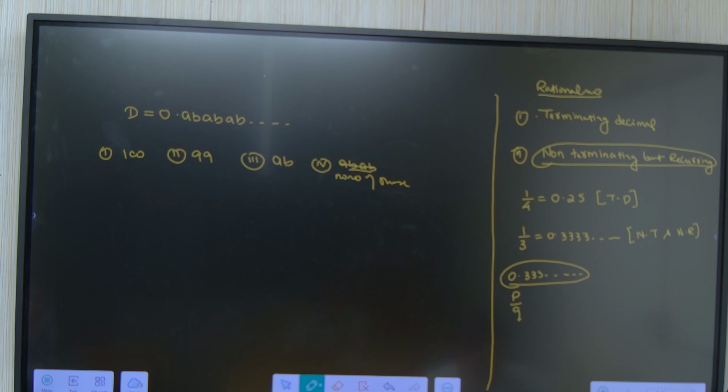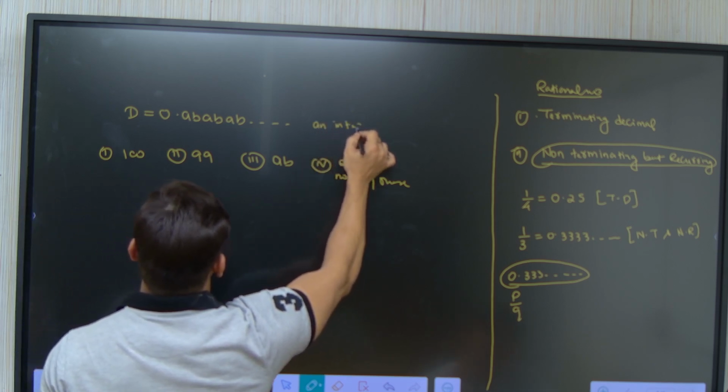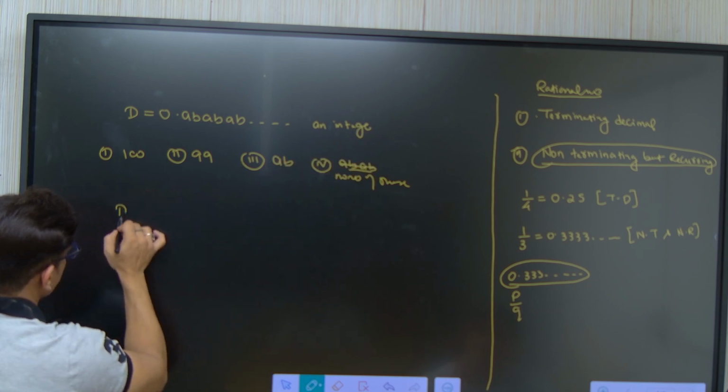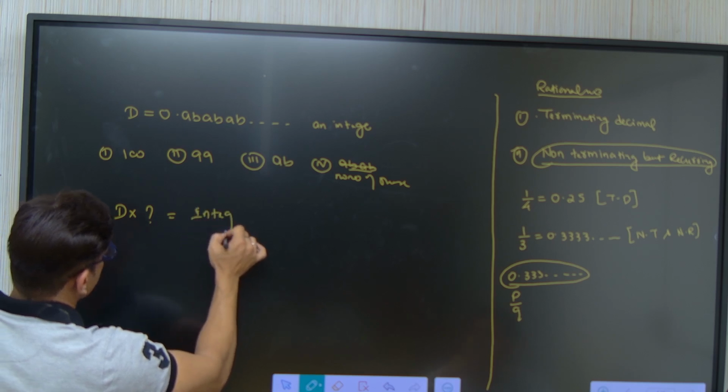By what number should D be multiplied so that the answer is an integer? It simply means you have to multiply D with some number so that whatever result you have, it should be an integer, right?